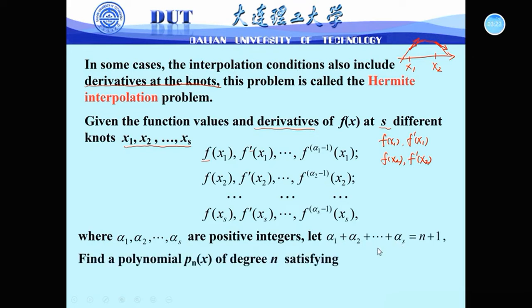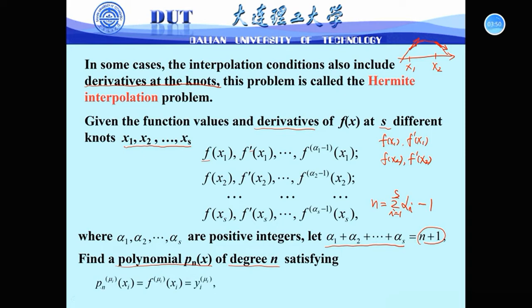If we denote the summation equal to n plus 1, that means n equals the summation from i equal 1 to s of alpha i, minus 1. Then n means the degree. We need to find a polynomial Pn(x) whose degree is n and satisfying the interpolation conditions.